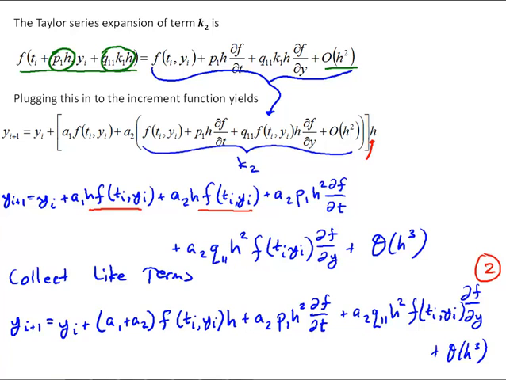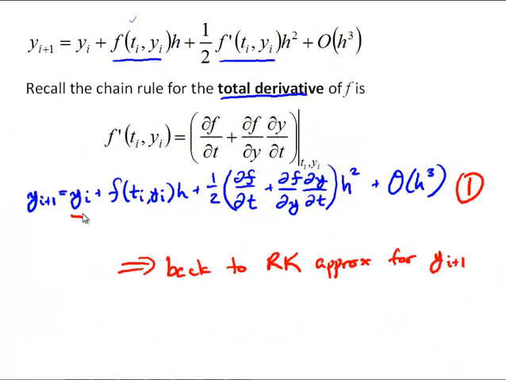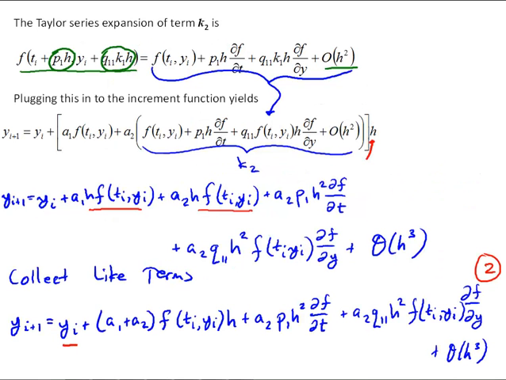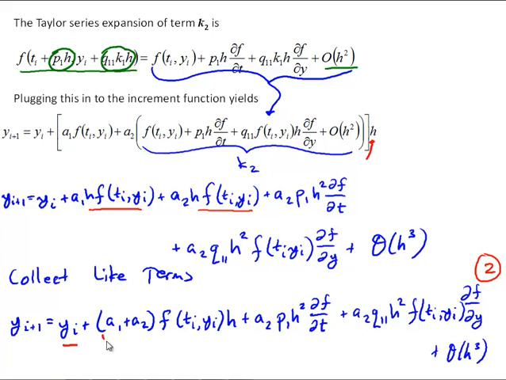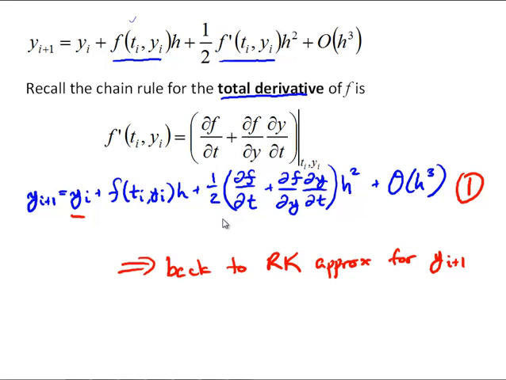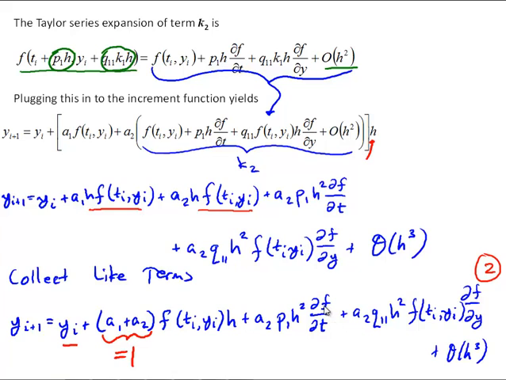So if we look back here, let's look at the first term. We have yi. Looking back at equation 1, we have yi. Then for the second term, we have a1 plus a2 times f of ti yi times h, and here we have just f of ti yi times h. So that tells us that those two constants, a1 plus a2, have to sum to 1. If we look at our next term, we have here 1/2 df dt times h squared. Well, let's look over here. Here's our df dt term, so df dt times h squared.